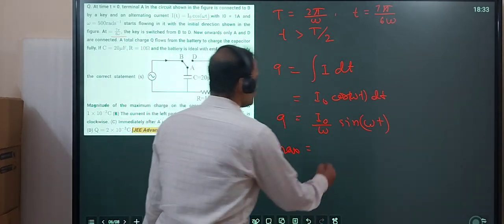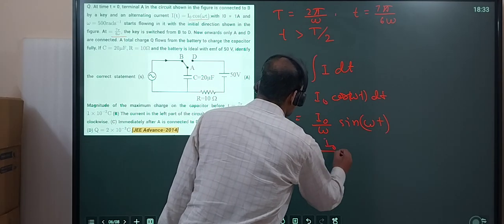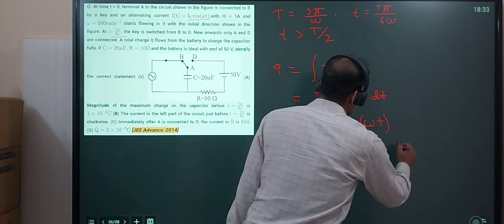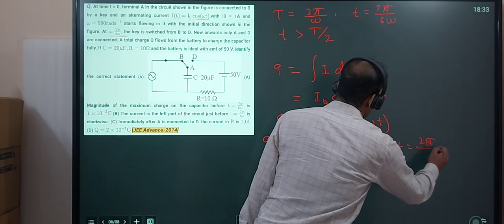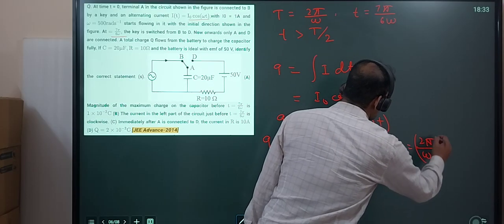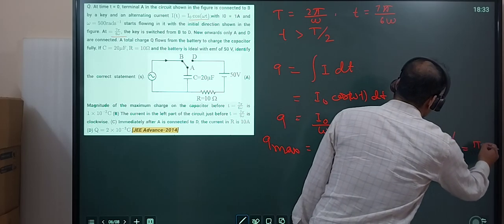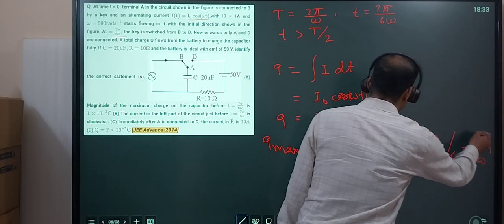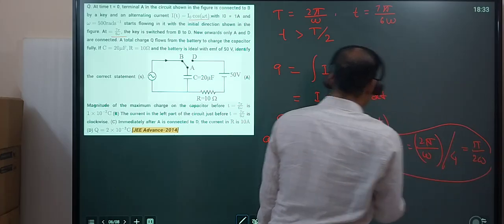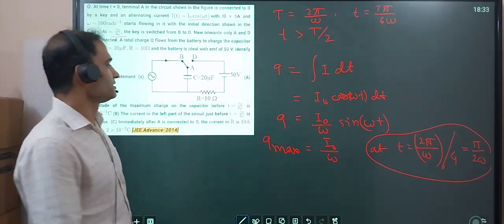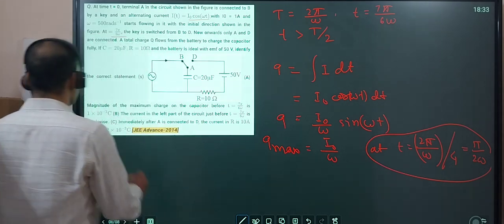Q max will be I naught by omega at t is equal to 2 pi by omega, this is one time period, divided by 4, pi by 2 omega. At this time we will get the maximum value of the charge. So let us find the maximum value of the charge.